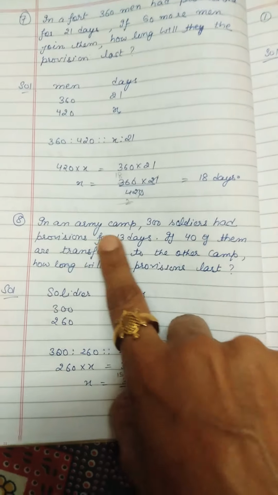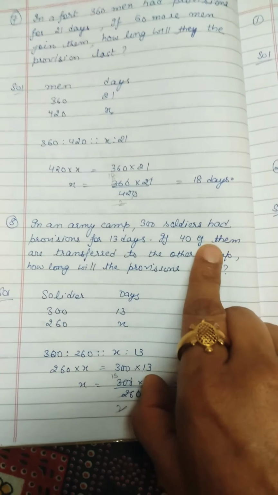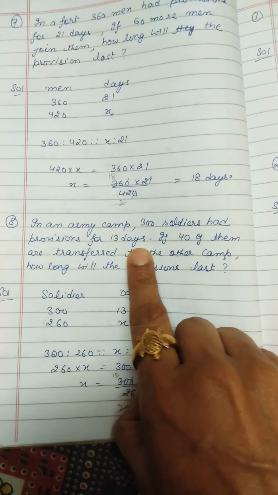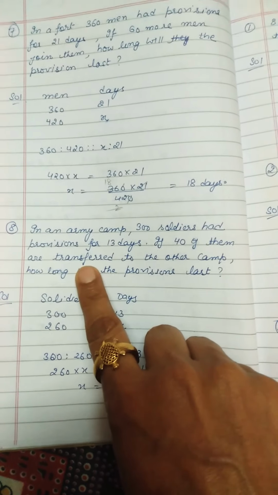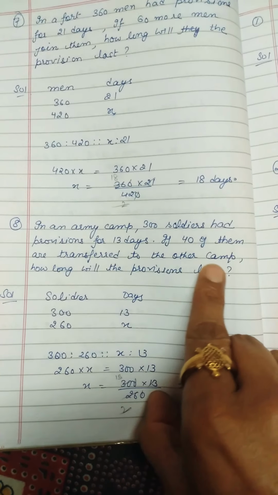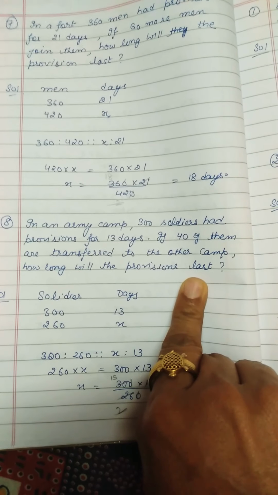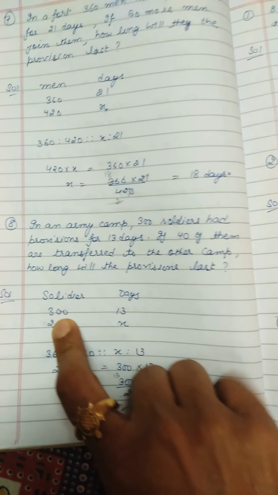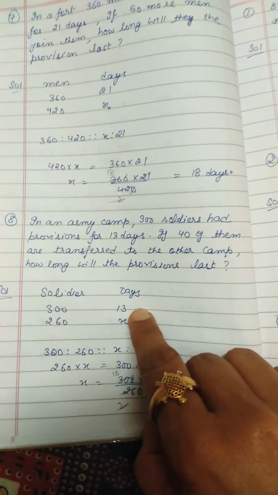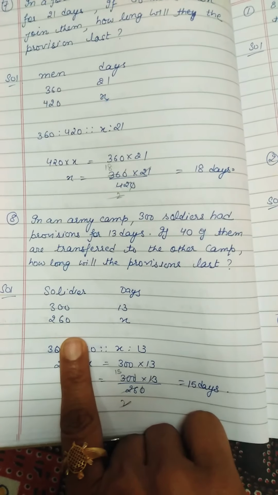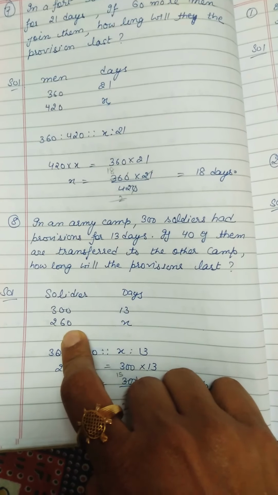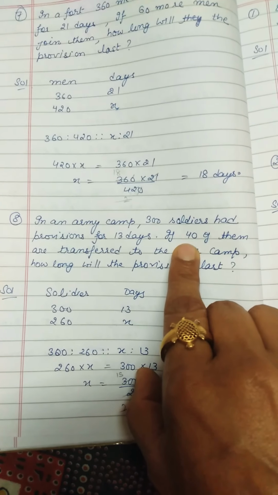In an army camp, 300 soldiers had provision for 13 days. If 40 of them are transferred to another camp, how long will the provision last? See, soldiers are 300, days are 13. Now the soldiers are fewer.